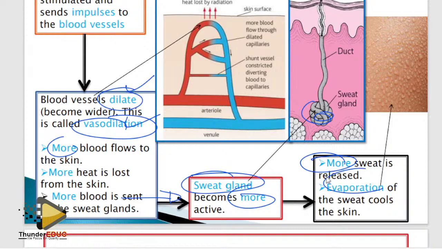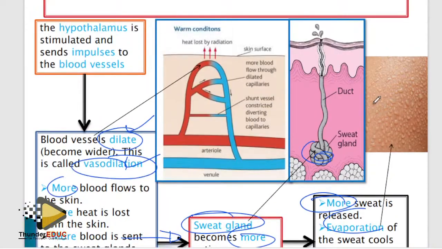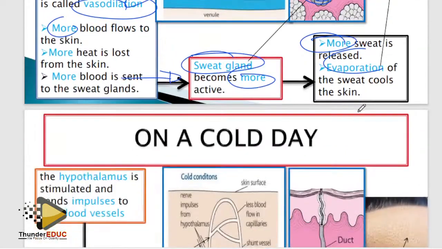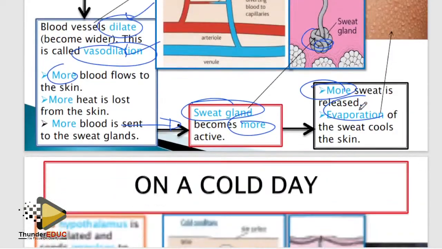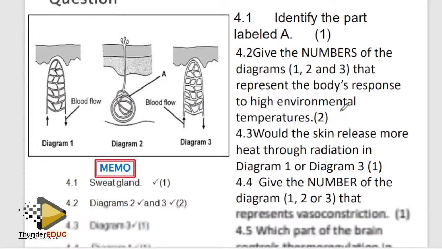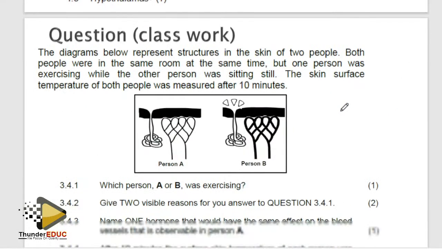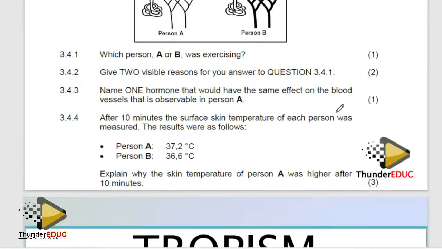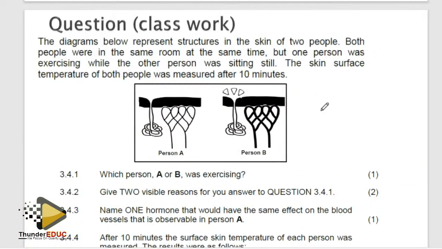Sometimes they ask you which hormone works. What is that question where they always ask you that and people go off? Name one hormone that would have the same effect on blood vessels as observed in B. Check, guys. How do I know that this is a hot day or cold day? Check here. This thickness is big.